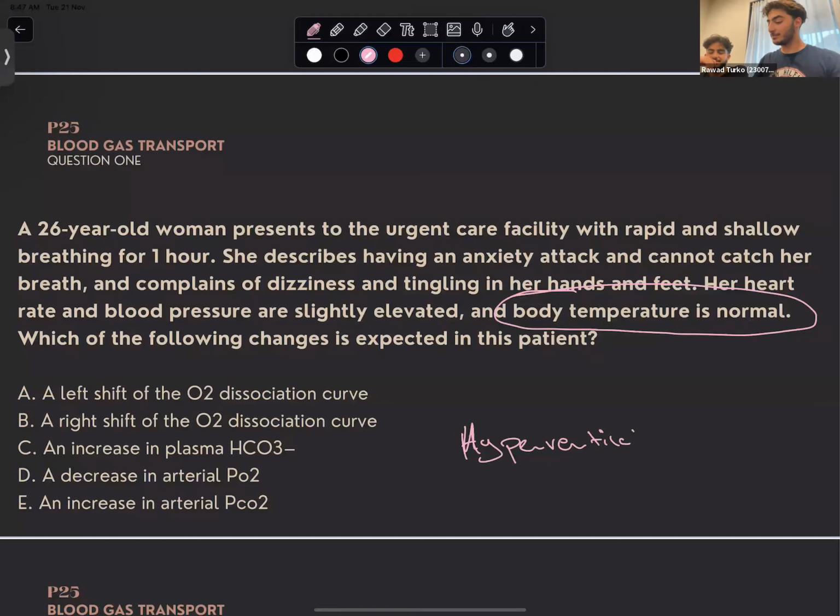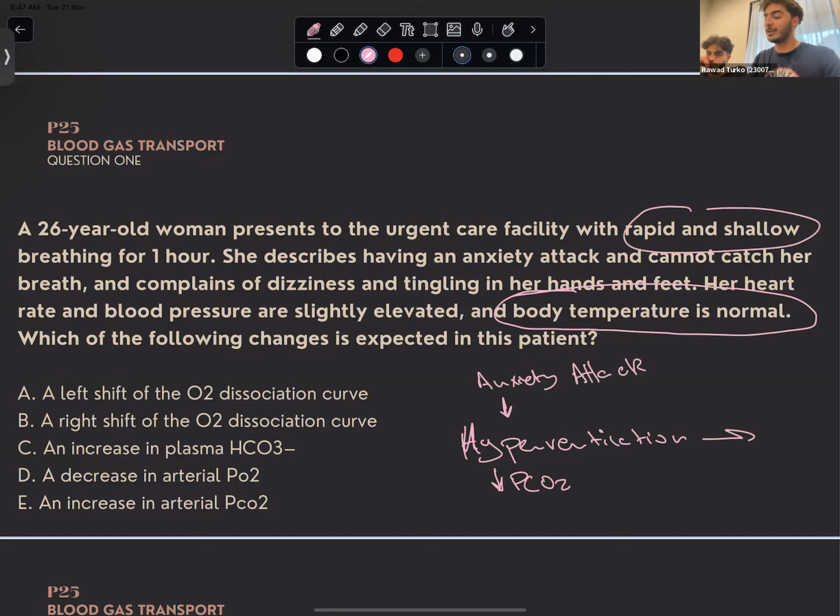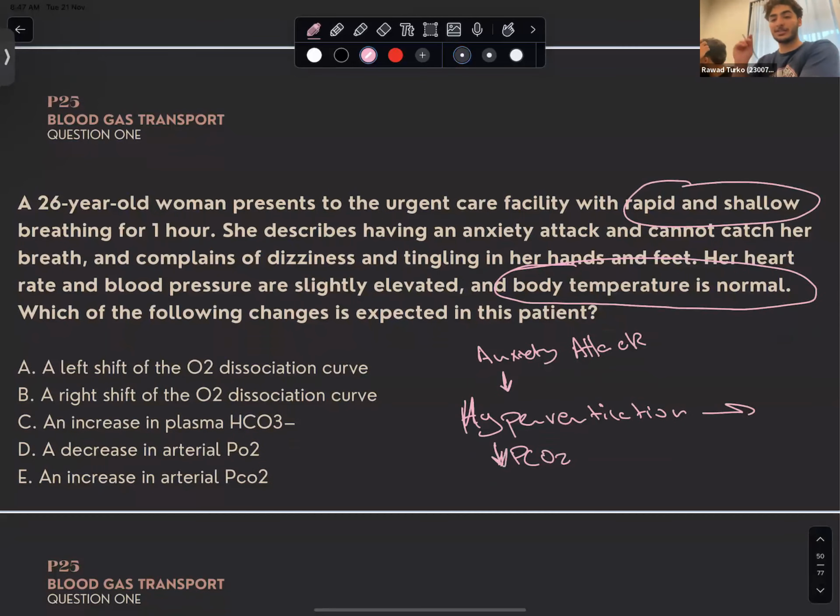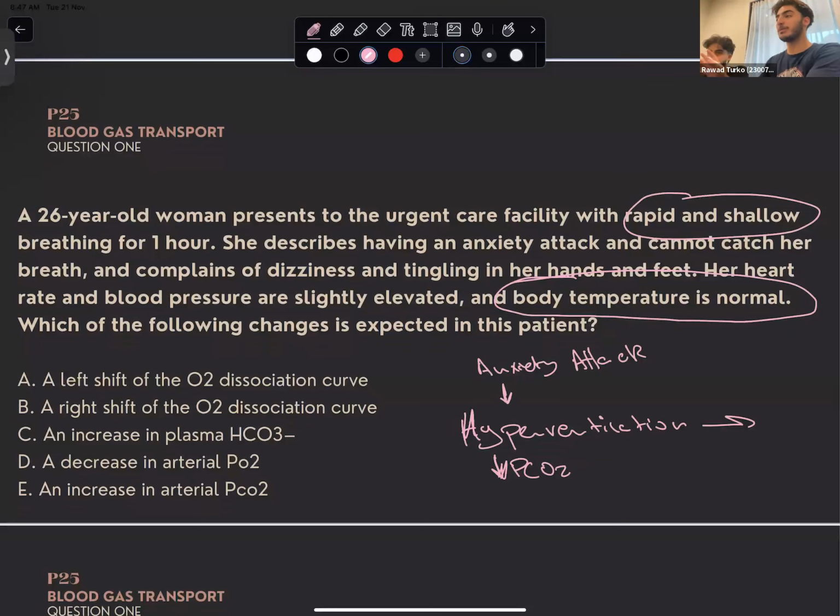So hyperventilation would cause what? Low PCO2. Obviously, hyperventilation would be the anxiety attack. And by the way, you don't have to use anxiety attack, because they literally described hyperventilation, but you can catch these keywords. So anxiety attack, most of the time, is going to be hyperventilation.